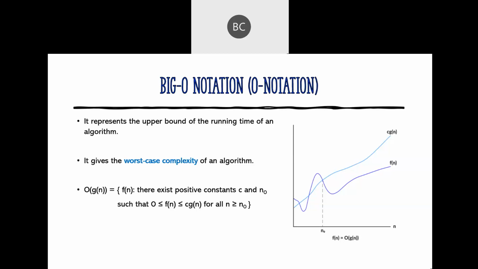Your program should finish executing within 10 milliseconds only. So that's the upper bound. In the worst condition, it should take 10 milliseconds. So it's the worst case. If f(n) is your time complexity, this is the bound I am giving, the upper limit for the time.